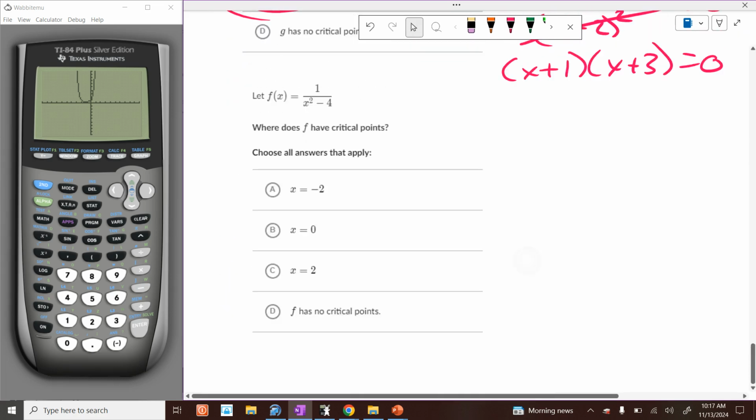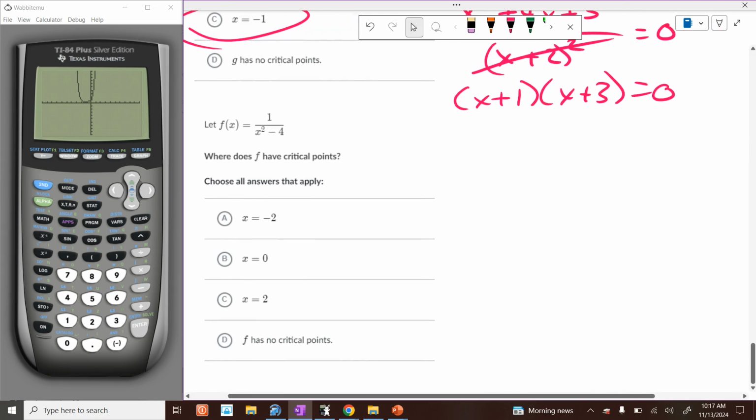Yep, last one. Okay, does this have any critical points? No. All right, should we do the quotient rule for this?